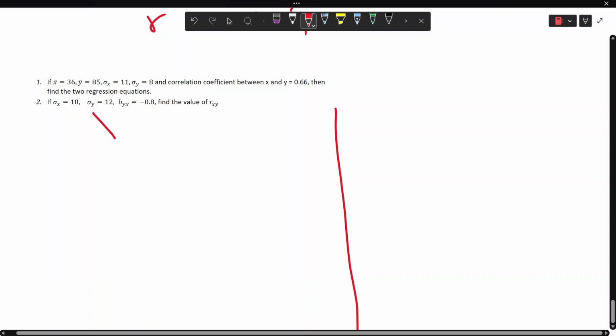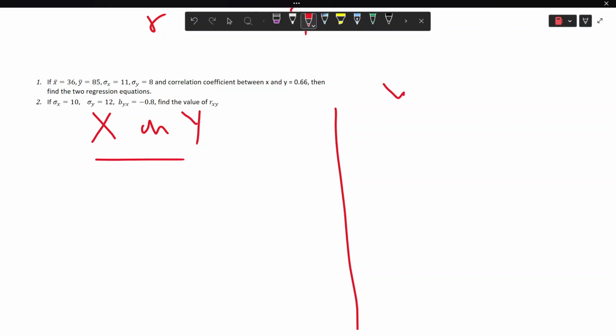So, two regression equations. The first one is x on y. The second one is y on x.